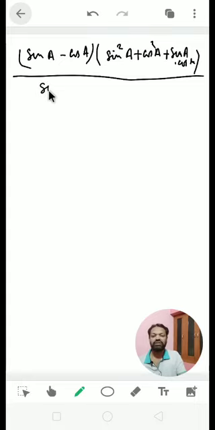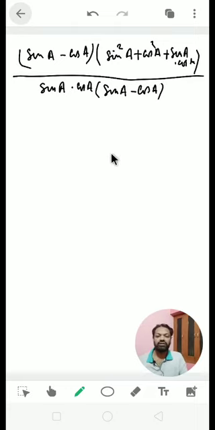And here we have sine a into cos a, and this is sine a minus cos a, right?